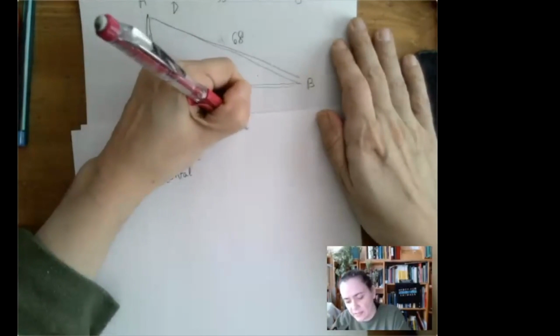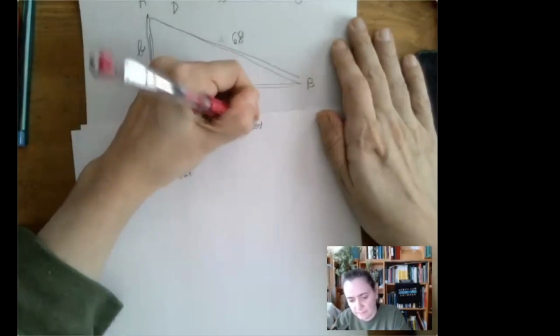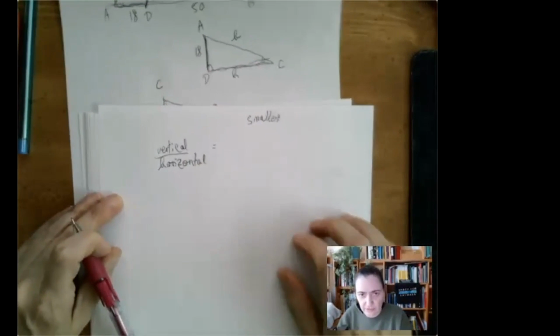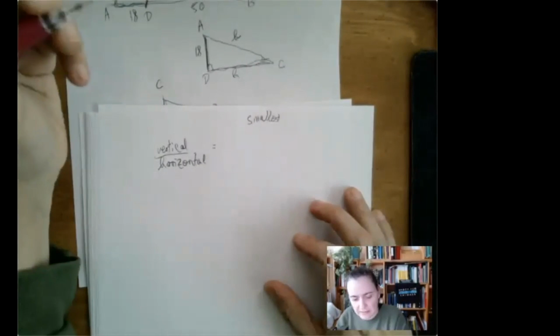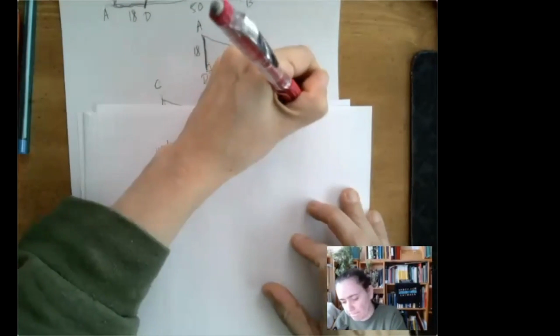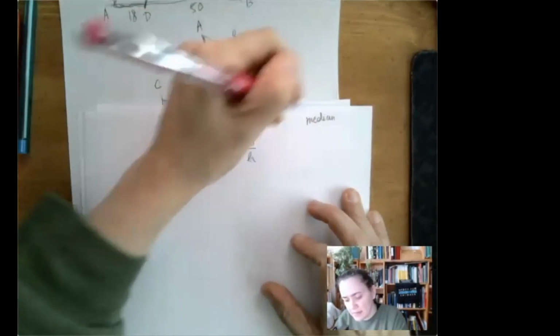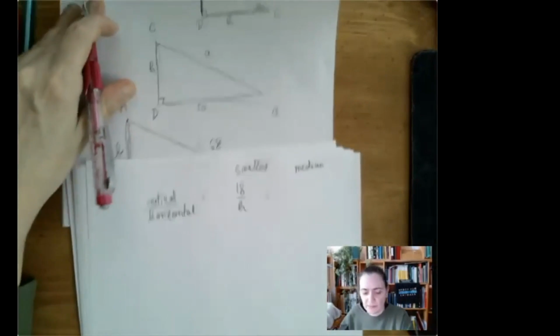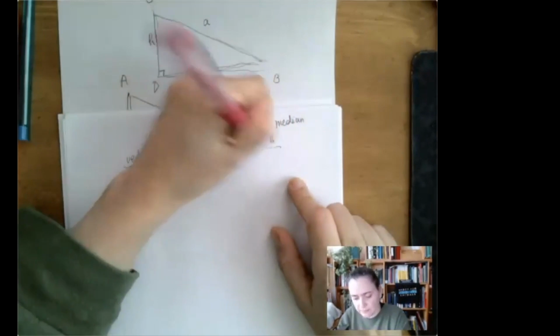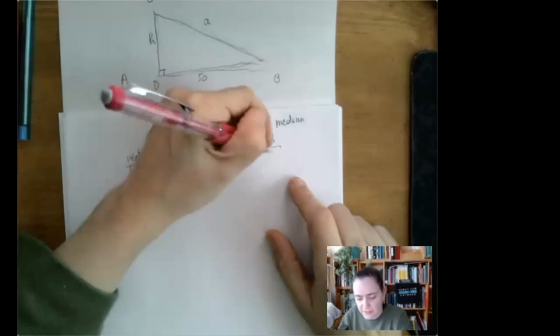In the smallest triangle, the vertical side divided by the horizontal side is 18 over H. And the same ratio in the medium triangle, the vertical is H and the horizontal is 50.